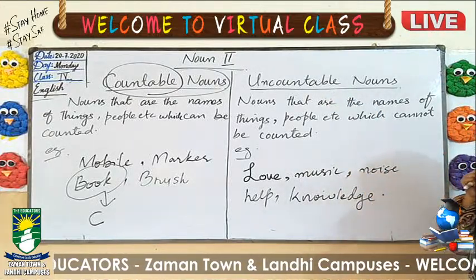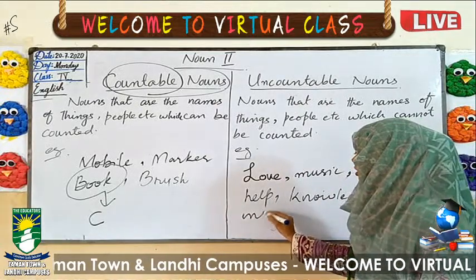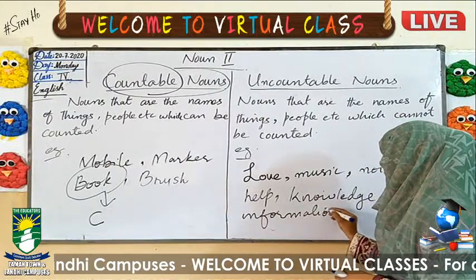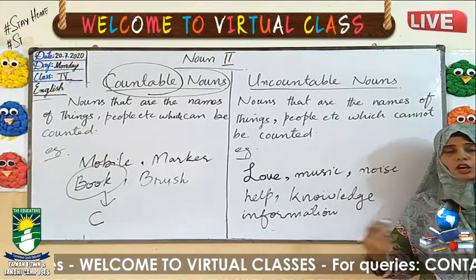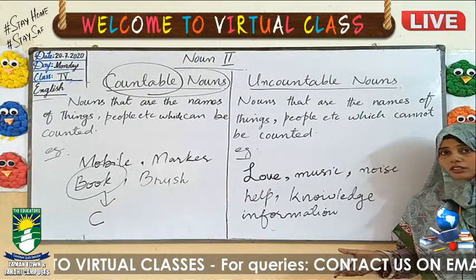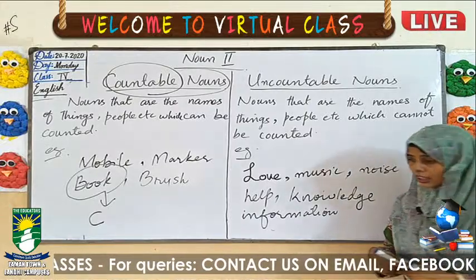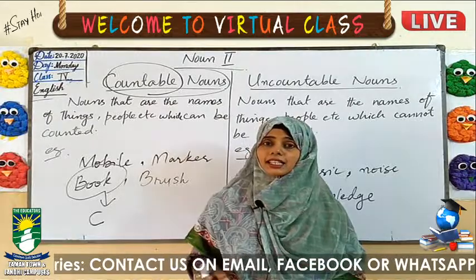Okay? Other thing, information. The word information. Can we count how many information, how much information? No, the word information is uncountable. Got it? There are many words. Guys, everybody likes sweet taste.